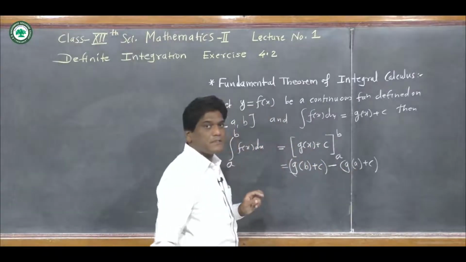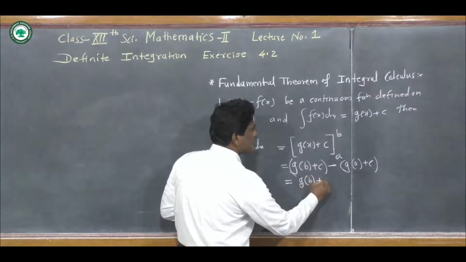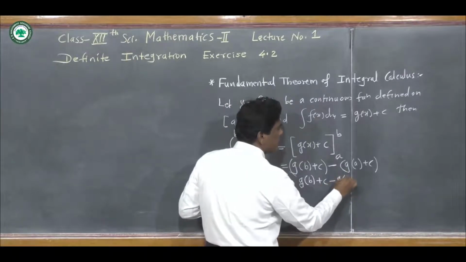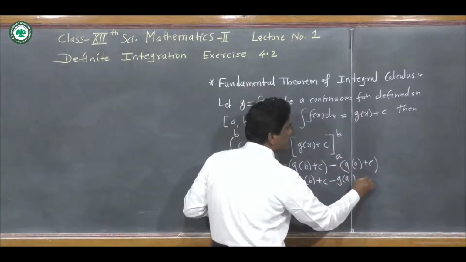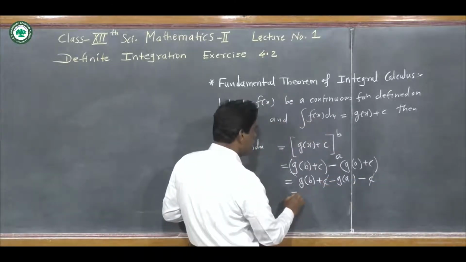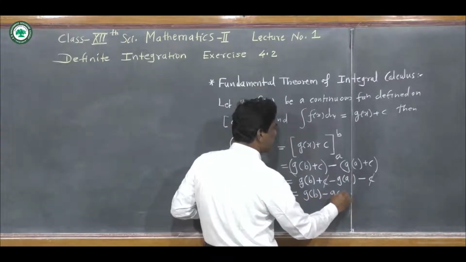Therefore we get g of b plus c minus g of a minus c. This minus c and plus c get cancelled, and therefore we get g of b minus g of a.